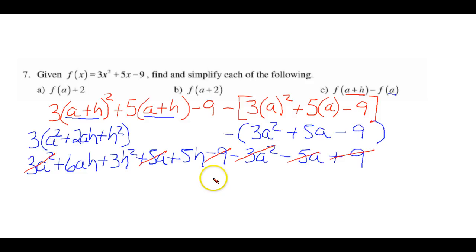And now what do I have left? Well, I got rid of most things here. So I have a 6ah. I can probably put this, well, I'll put it here for now anyway, plus 3h squared plus 5h.